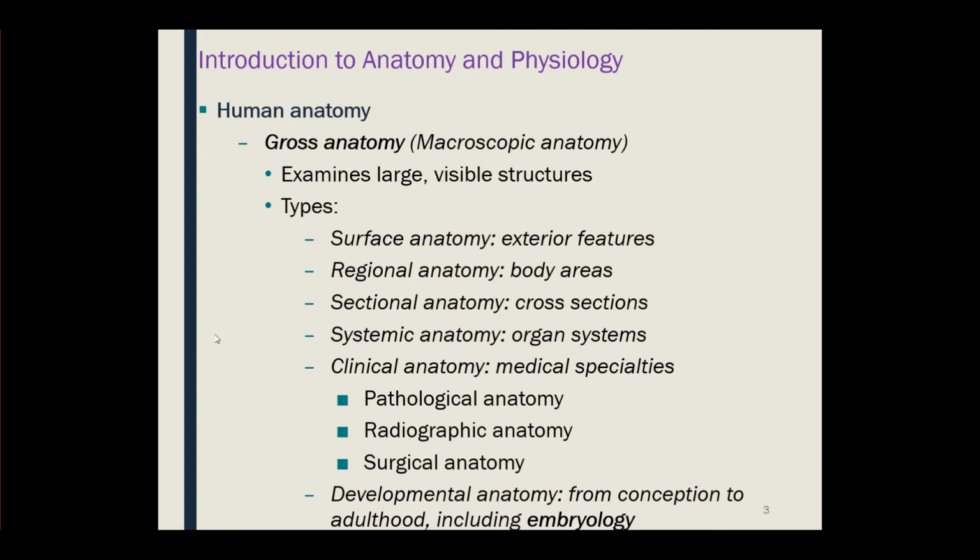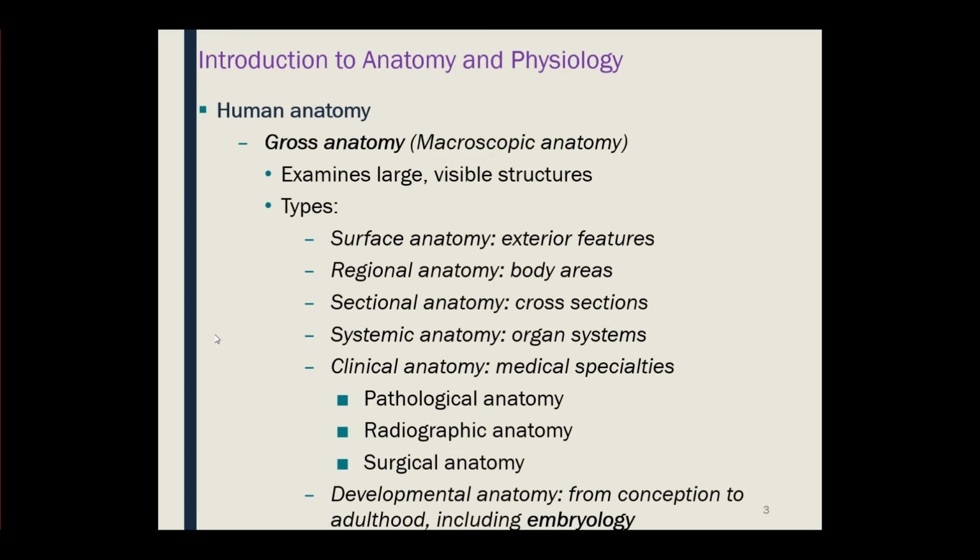Another type of anatomy you'll see as we look at different images is cross-sectional anatomy, or just sectional anatomy. This is where we study anatomy by looking at diagrams that are cross-sectional. Even when you look at MRIs or CAT scans, a lot of the imaging is going to be cross-sectional.